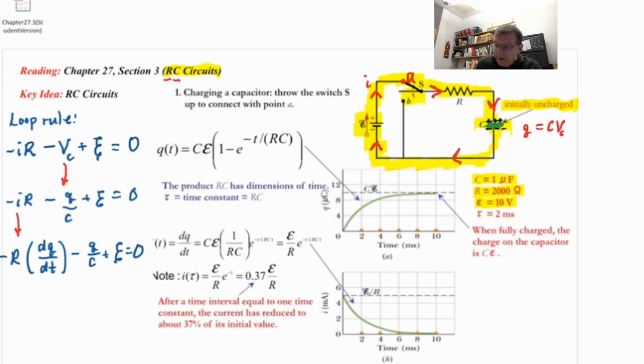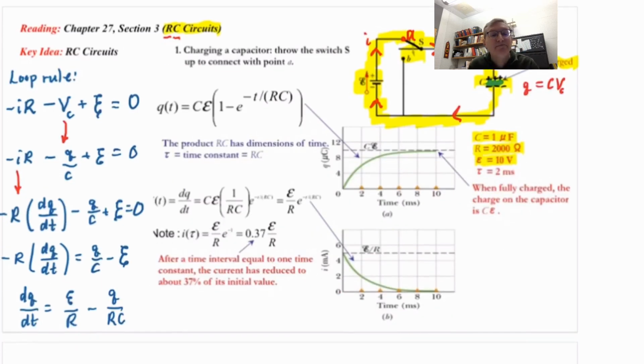And I will just rearrange this a little bit and get the dq dt part by itself. So minus R times dq dt equals Q over C minus EMF, or dq dt equals E over R minus Q over RC.